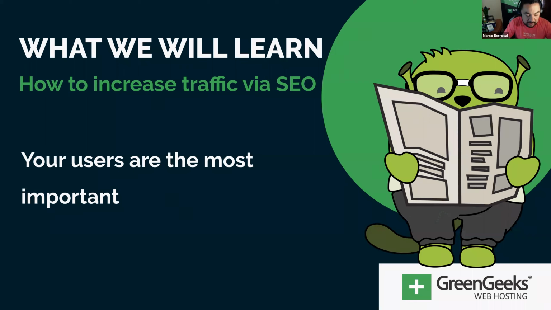You always need to think about your user experience. How good is the website that you are offering, the content, the graphics, everything? How good is that for your users? Google takes that into consideration, and we are going to discuss some of those best practices in this webinar.